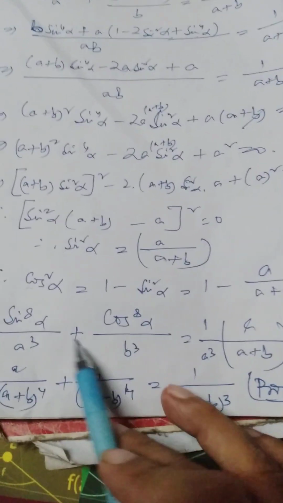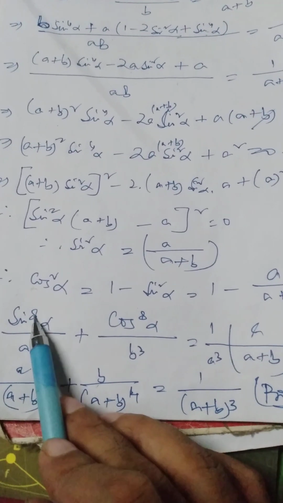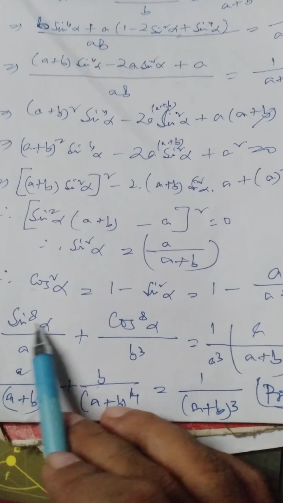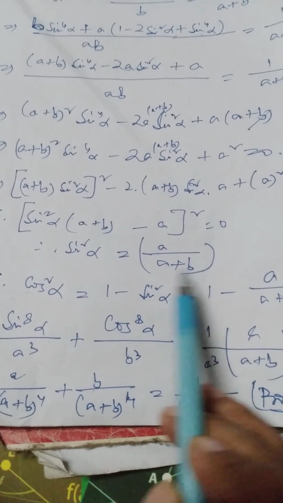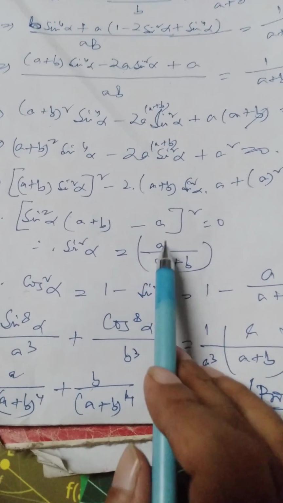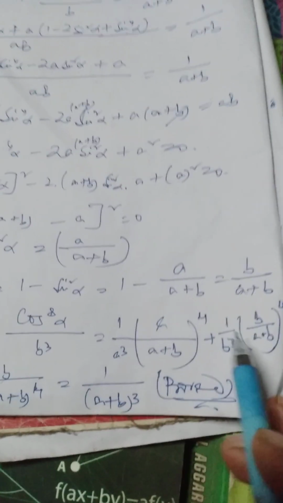Thereafter we can write 1/a³ into sin⁸α. Sin²α is a/(a+b), so sin⁸α becomes (a/(a+b))⁴.